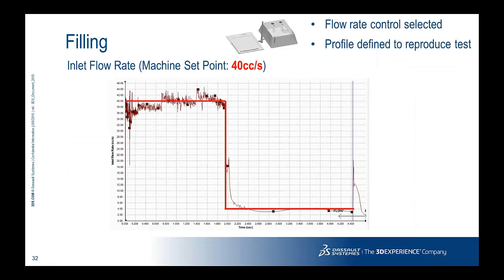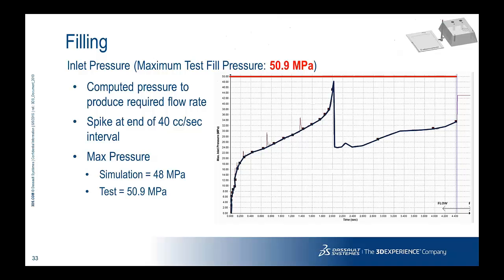Okay, this is the filling. This is the final result and the flow rate set point in the machine. Again, also for the pressure, the maximum in the test is 50 megapascals and the simulation is going to have 48, so it's very similar.